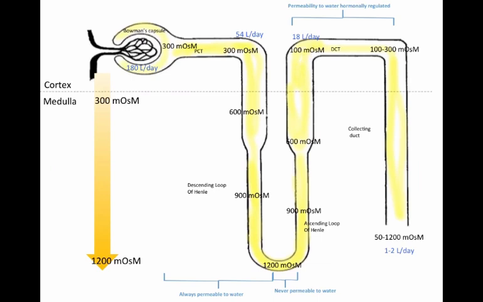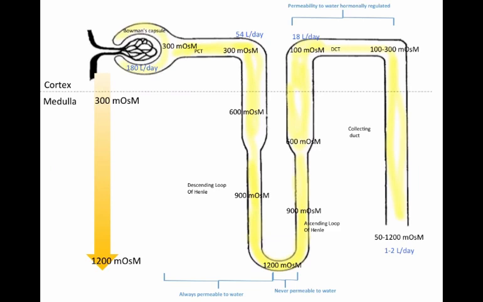100 milliosmolar is more dilute than your body fluids. So your body fluids tend to be about 300 milliosmolar, at least your blood does. Then we move through this hormonally regulated part of the distal tubule, and the osmolarity is still between about 100 and 300 milliosmolar by the time we get to the beginning of the collecting duct.